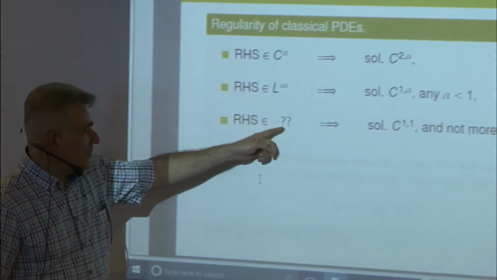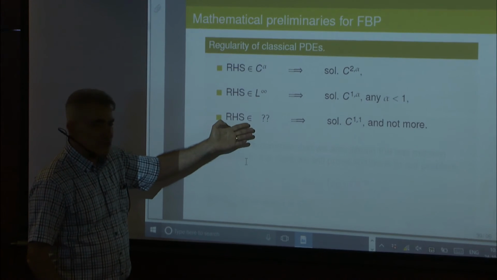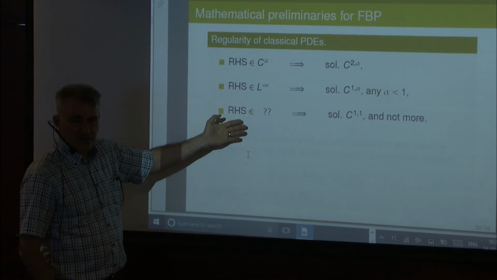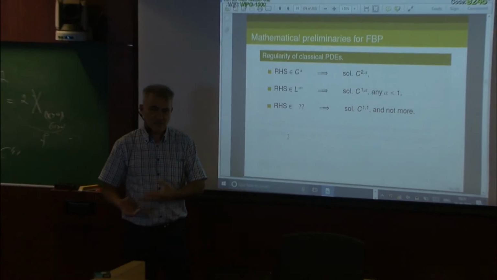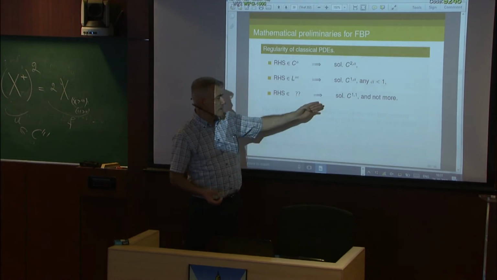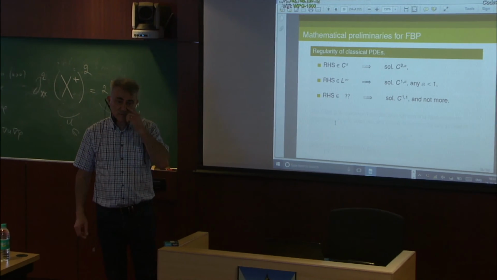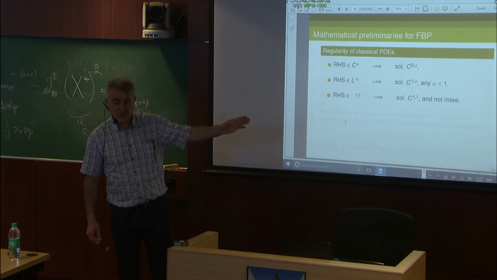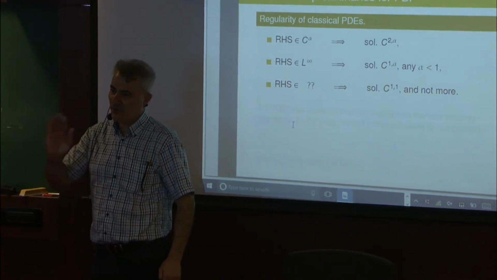In general, there is no real answer to this. But I would say that if this right-hand side is coming from a free boundary of obstacle type, then you really are going to get C1,1. Of course, if you put a very smooth function, you would get more, but I want to stop at C1,1, with no more regularity.